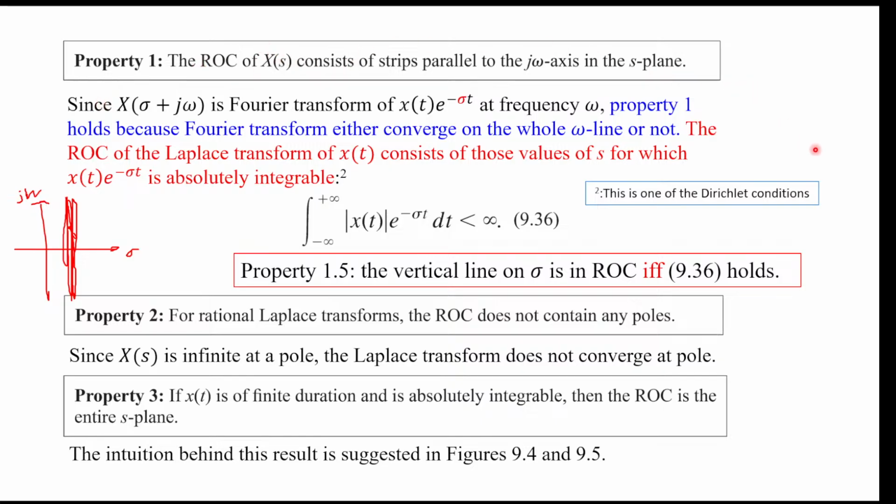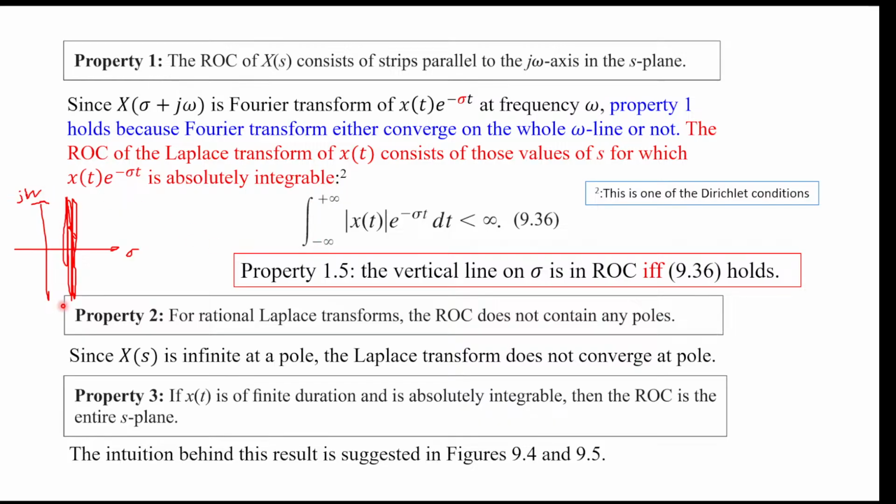Okay. And then we also have a property 1.5, and now this is more sketchy. We know to think about when this x of t e to the minus sigma t has a convergent Fourier transform, and we say it's when this thing is absolutely integrable.